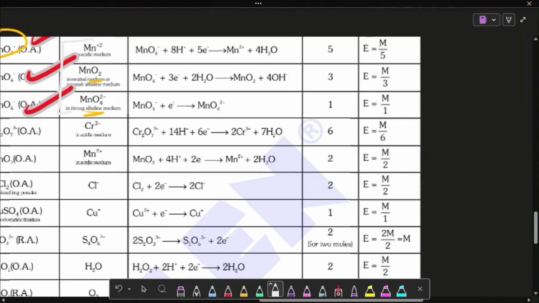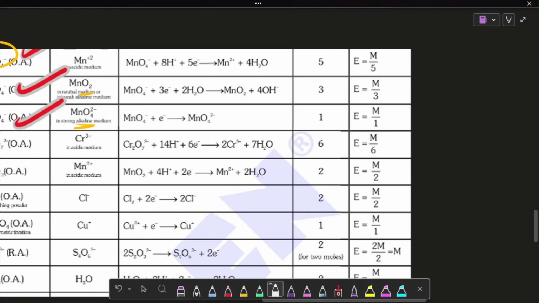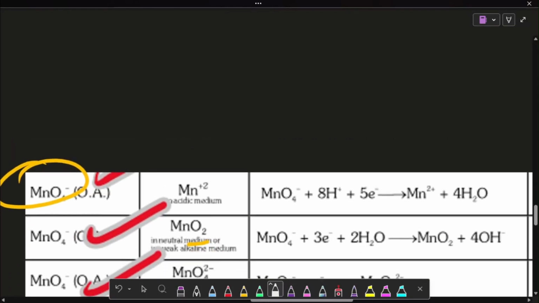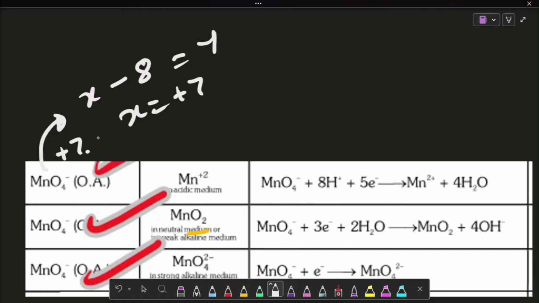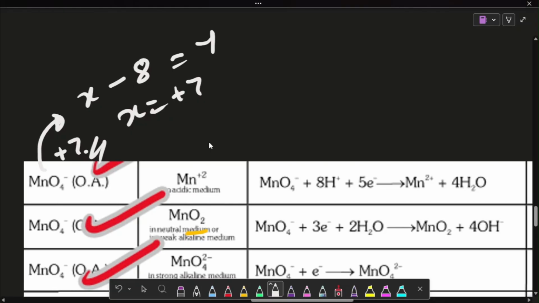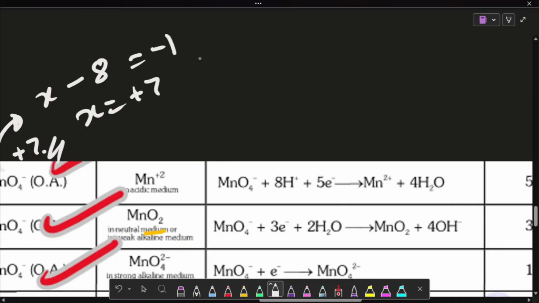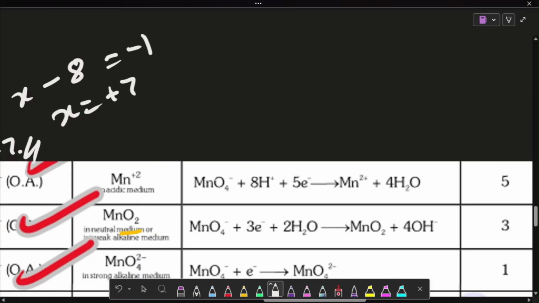Now let's find the charge for MnO4 minus. That would be x minus 8 gives you minus 1, so x would be plus 7. When it reaches here, it's giving you Mn2 plus.